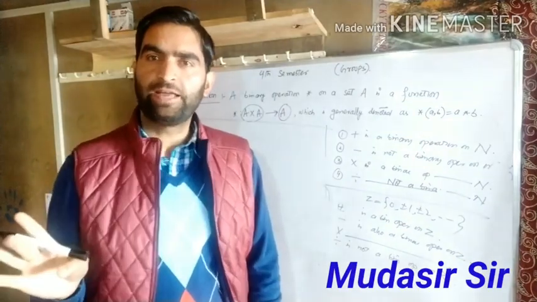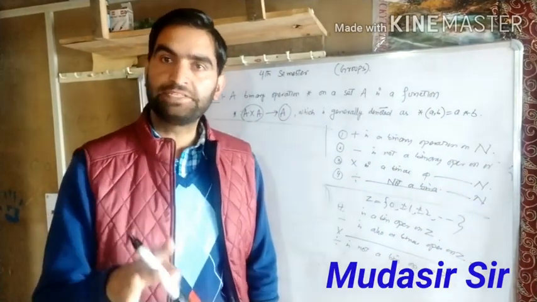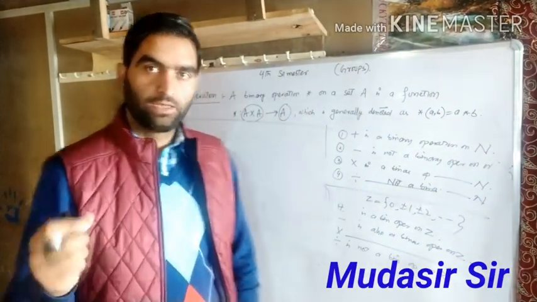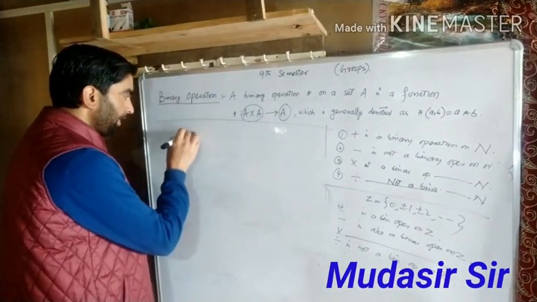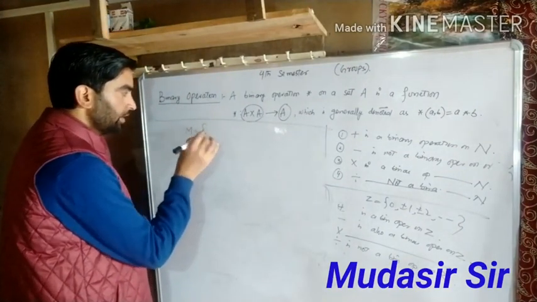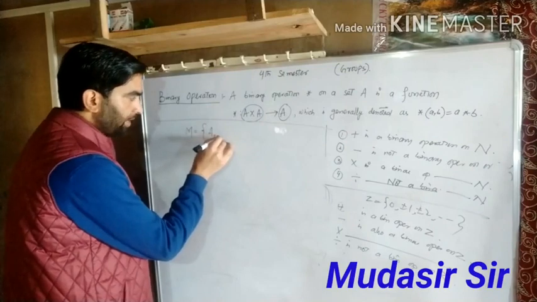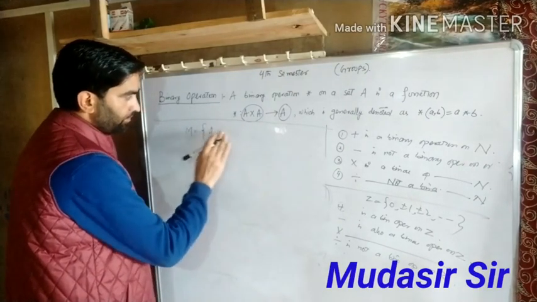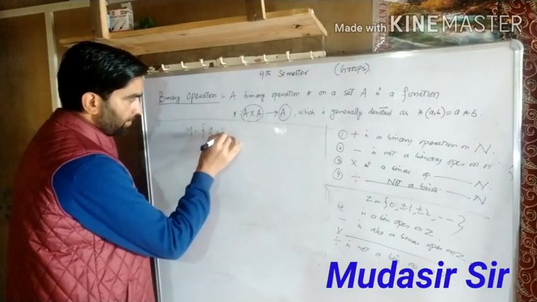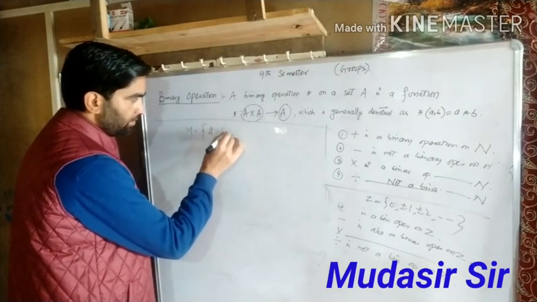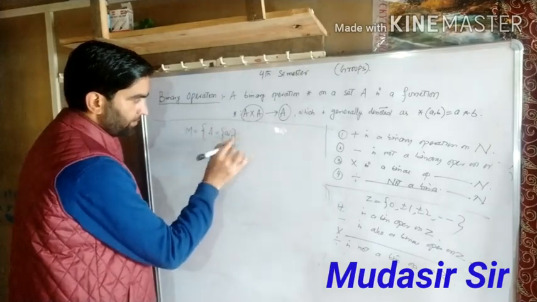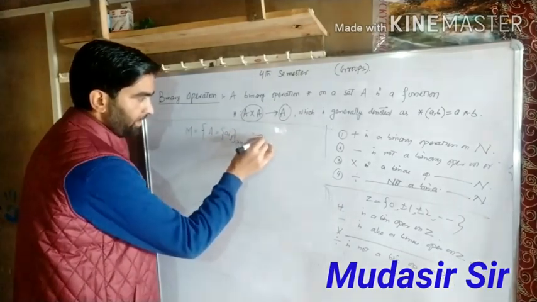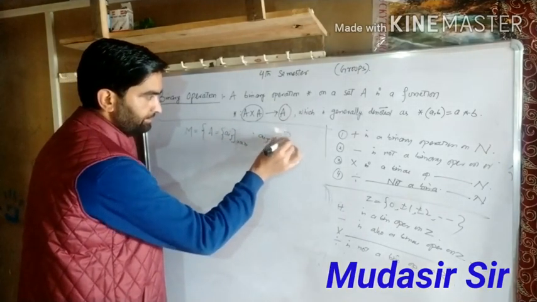You studied matrices in 12th, matrix addition and matrix multiplication. Suppose I take this set M, the set of all 2/3 matrices A equal to Aij of order 2/3, where the Aij are real numbers.